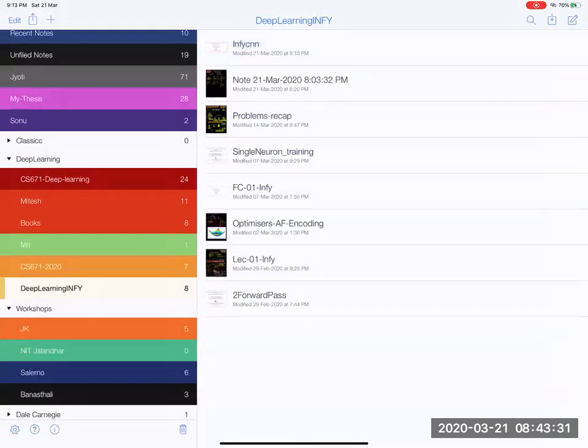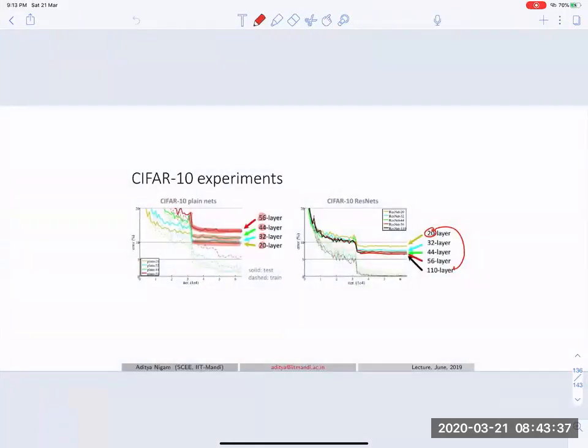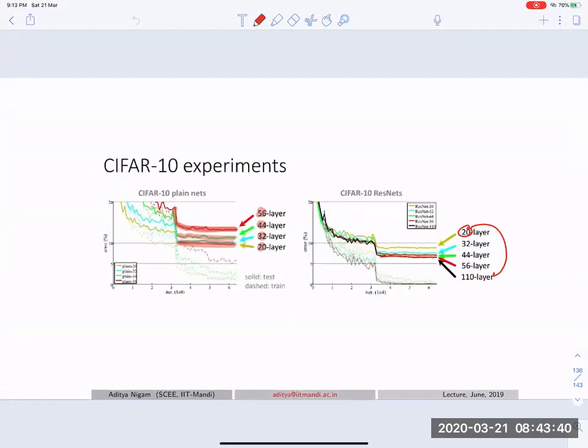But what is the difference between the plain nets and the residual nets? It's the difference between the two networks here. This was the plain net, in which you are not using the residual type of scheme for adding more and more layers.